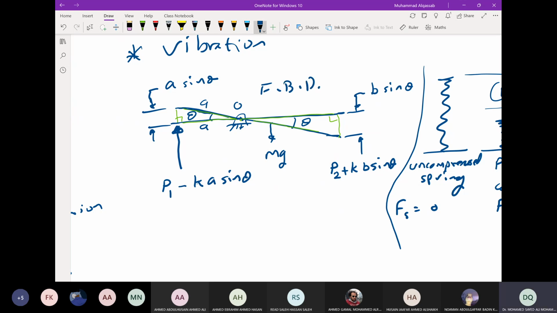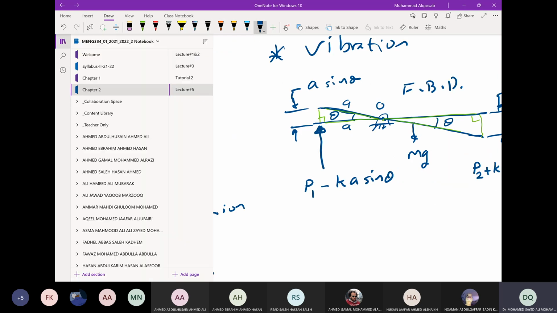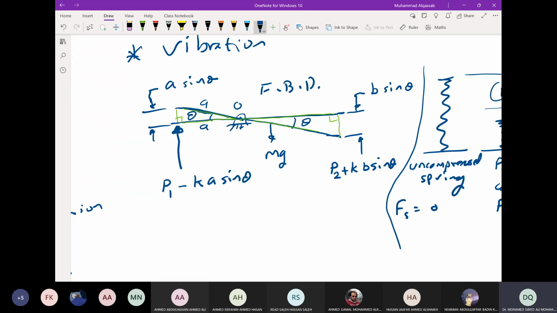In vibration, one more thing we can do is assume that the vibration is about small oscillations. So you can use, for theta very much less than 1, sine theta equal to theta, and cosine theta equal to 1.